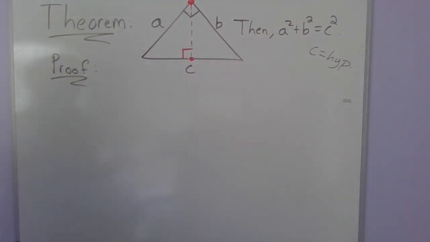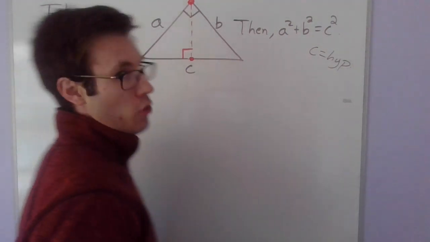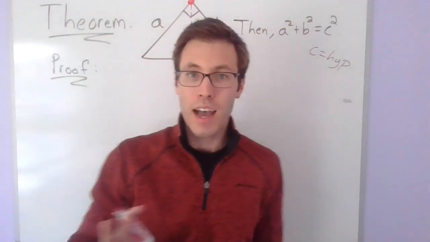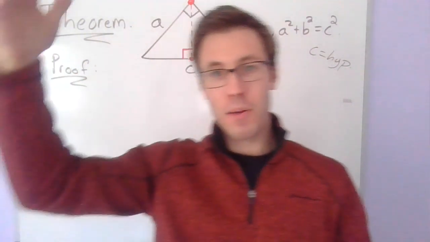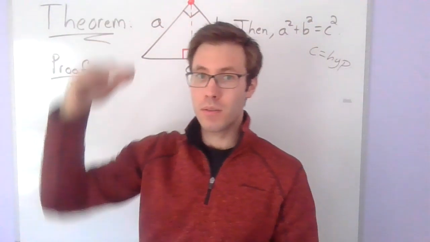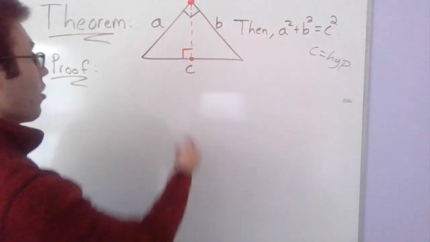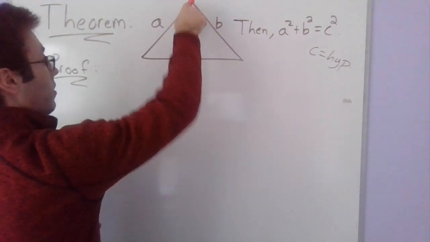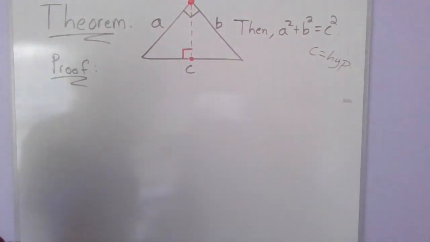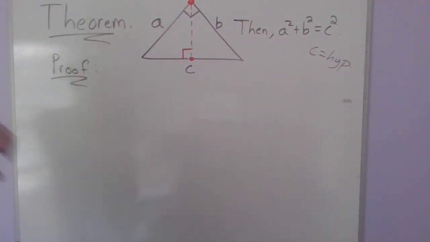It's called the altitude. And in case you ever forget what the altitude is, it's just the height of a triangle. Think of a mountain. If you're going up a mountain, you're thinking of the altitude up the mountain. So right here, this is a triangle. The altitude is the distance going up it. So that's the altitude. All right, so we have that.